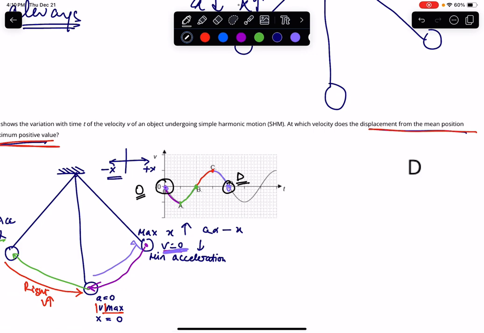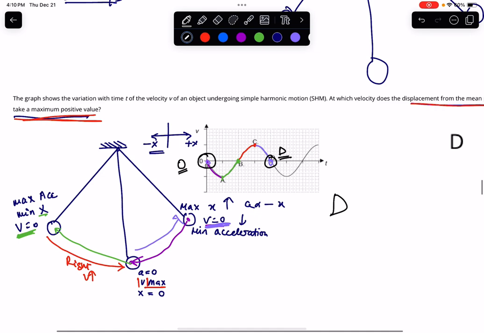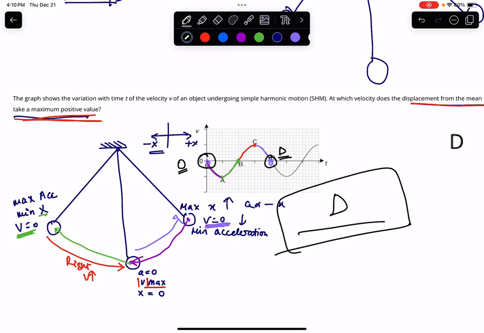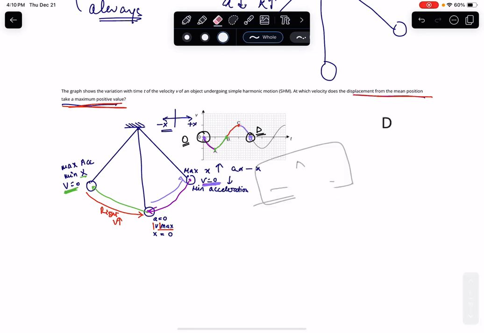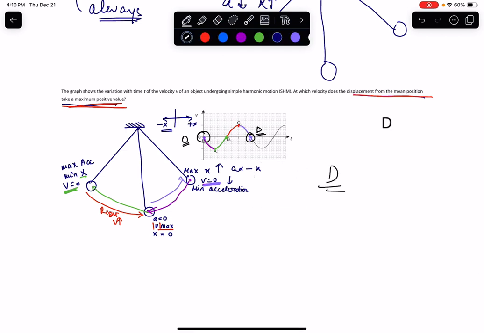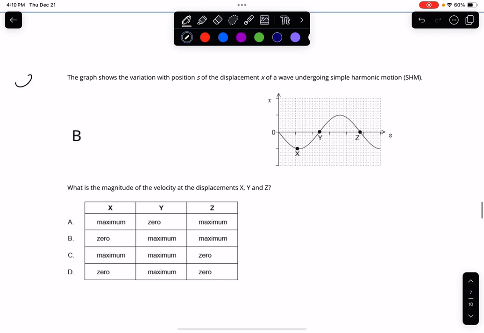Because you start at 0, you're at max x. So if you look at which options are available, there would be D. Okay? That's going to be the answer for this. It's going to be D. Right? Okay, so that's question 8. And now we can move on to question 9.